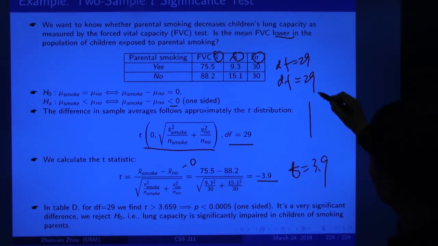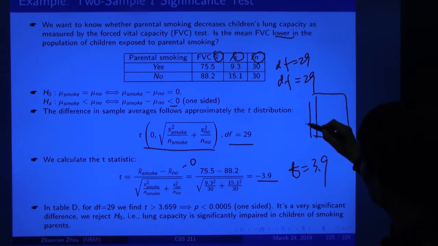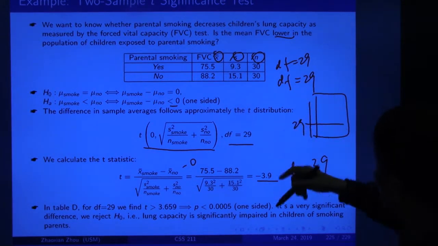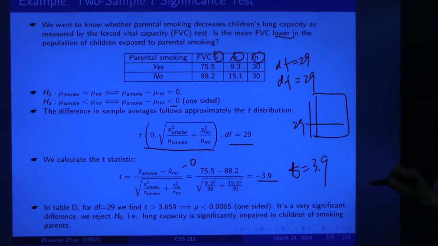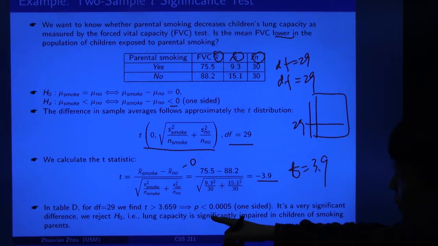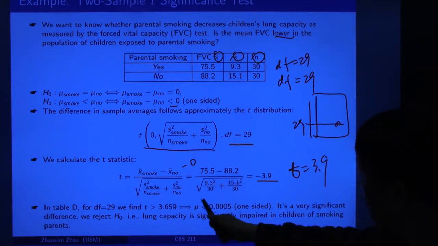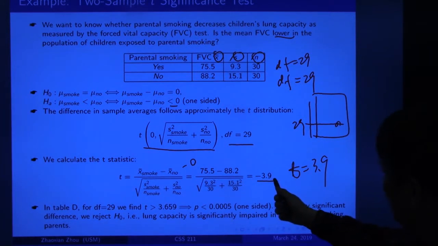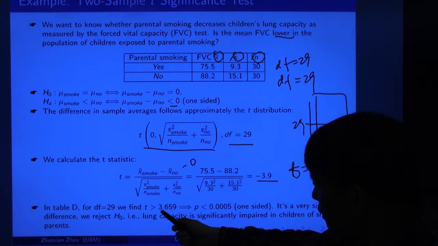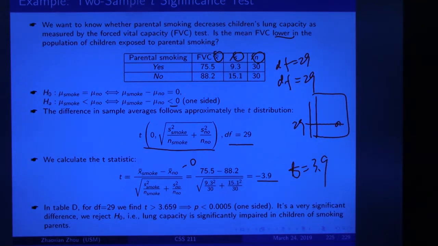Right? The next is to look up Table D. Table D here, and degree of freedom is 29. We are interested in this line. Then we find the t value somewhere around 3.9, and we found that it is larger than 3.65.